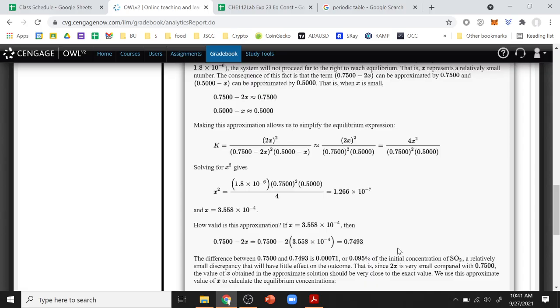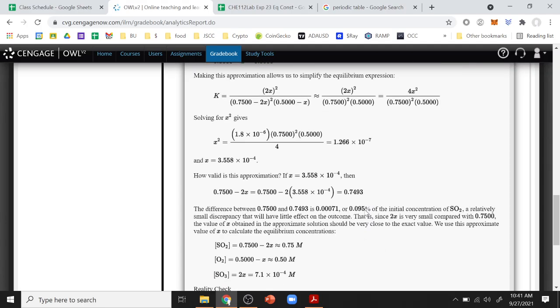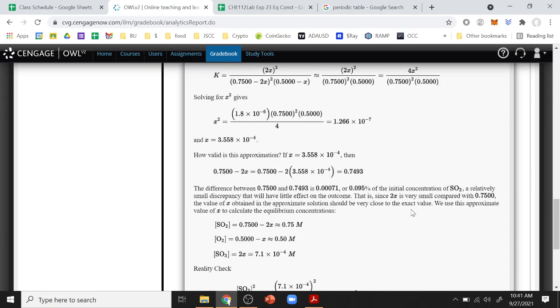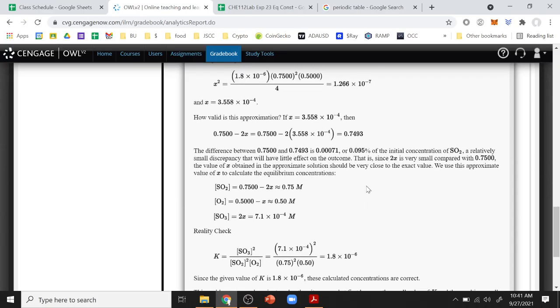It's 9 right there. That would be 0.095%, by the way. If you're less than 1% difference, you're doing great. Like rounding error is typically about 1%. So you try to avoid it, but all right. So our assumption was good, wasn't it?